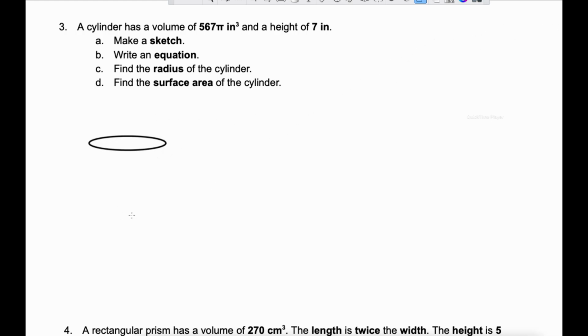Okay, let's get my circle. So the height is 7 inches here.